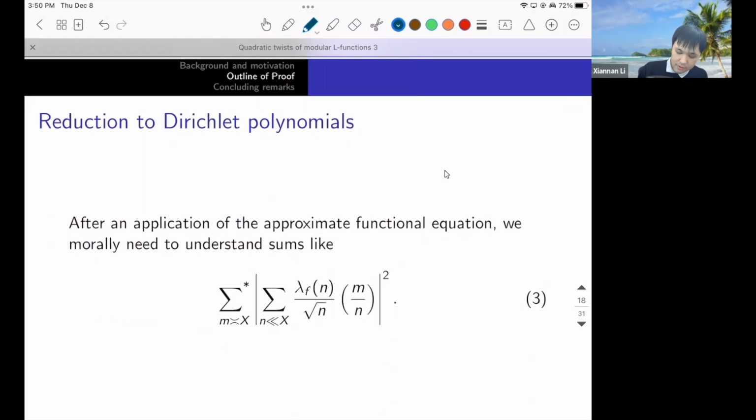So after an application of the approximate functional equation, morally we need to understand sums of this form. This type of sum over n is a replacement for L(1/2, f × χ_m). So morally, you can just think of these as the same thing here. And we're studying the second moment, and that's why there's a square.